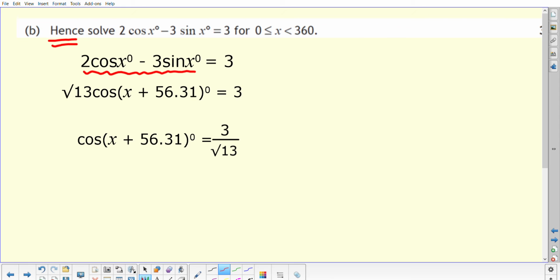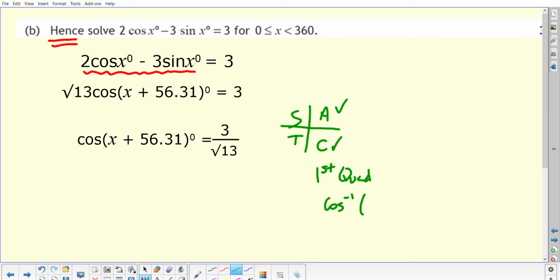And then from there it is about solving that, and of course the cos is positive, so in our CAST diagram that would mean we're looking for an angle in the first and also in the fourth quadrant. So of course in the first quadrant angle you would be looking to do cos to the minus 1 of 3 over root 13, and that would give us a value of 33.6900, all of the other digits, so we would round that to 33.69, but of course that's only one of the values.